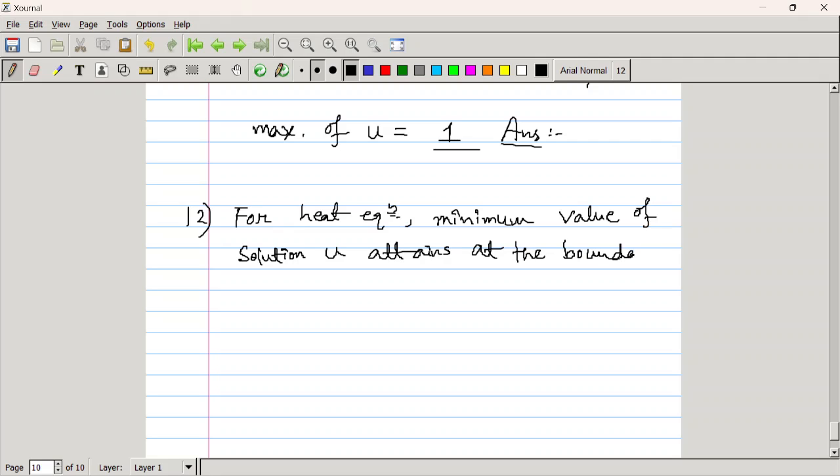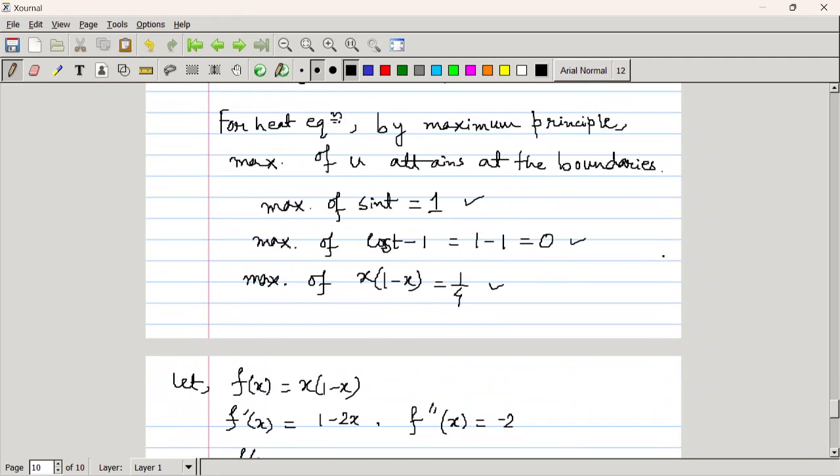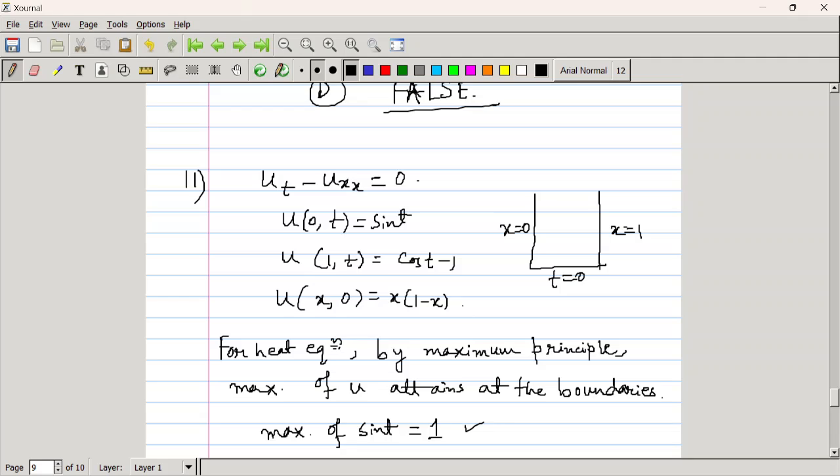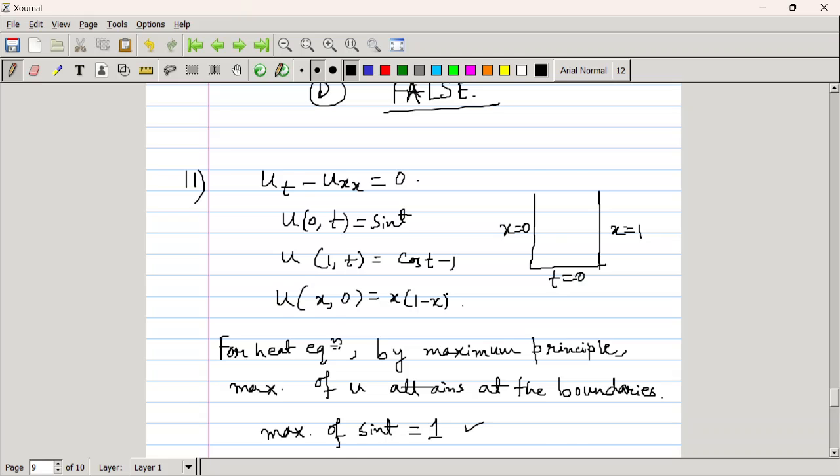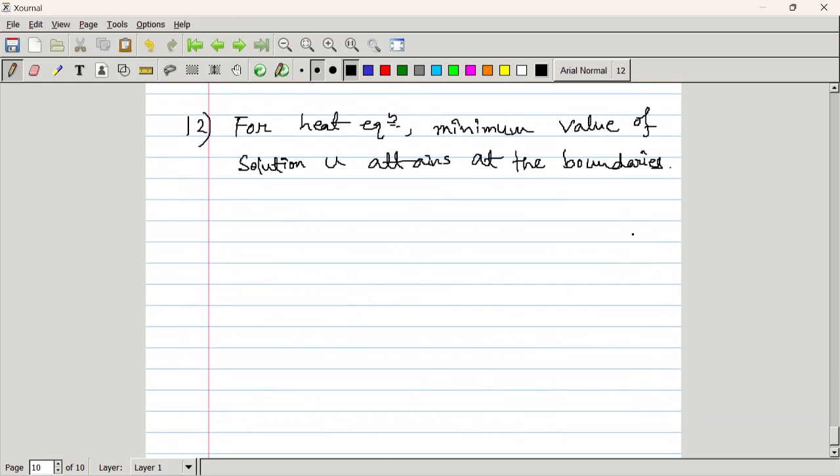So here the boundary values are given by sin t, cos t minus 1 and x into 1 minus x. Same equation, same question. So what is the minimum value of sin t? The minimum value of sin t is minus 1.